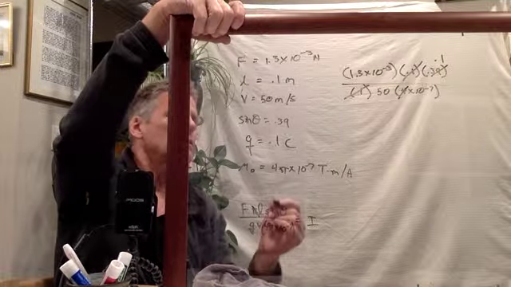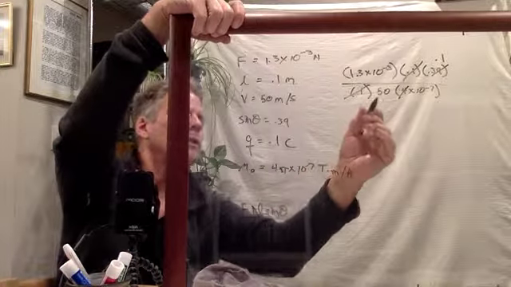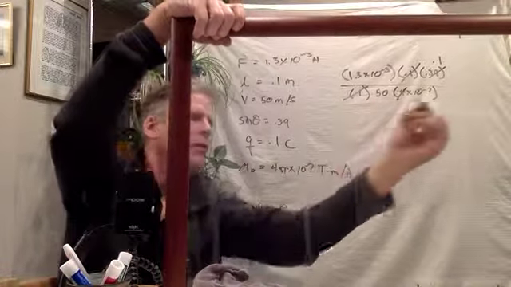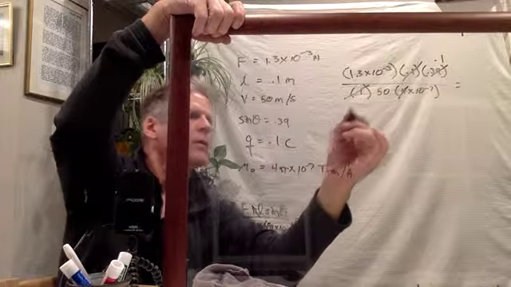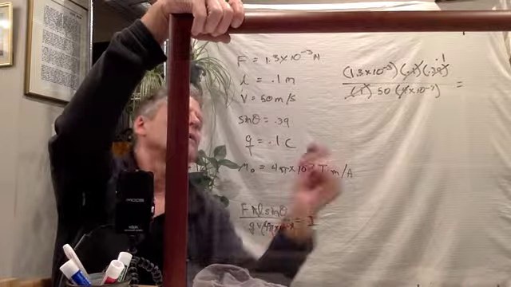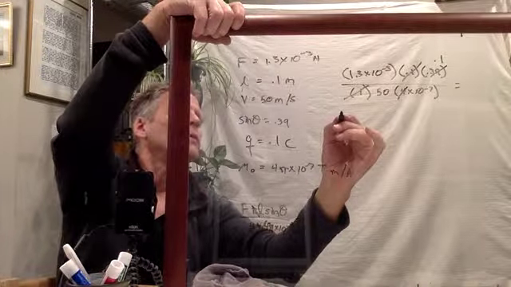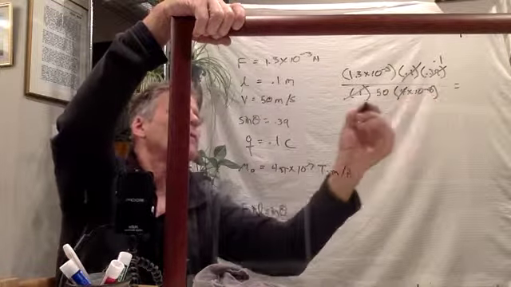I'm trying to cheat and not pull out a calculator. So this is 1.3 divided by 5 times 10 to the minus 6th.